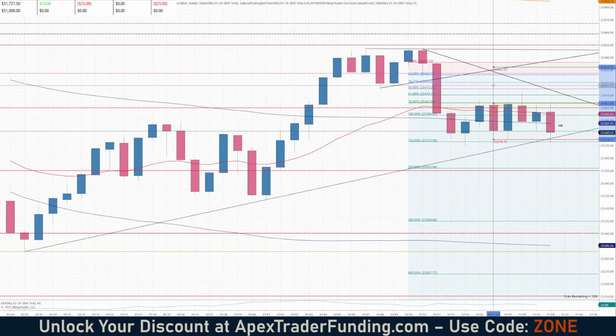Alright, the bullish trade stopped out. The bearish trade, the original trade that triggered, is still intact. Just in a really nasty range right now.